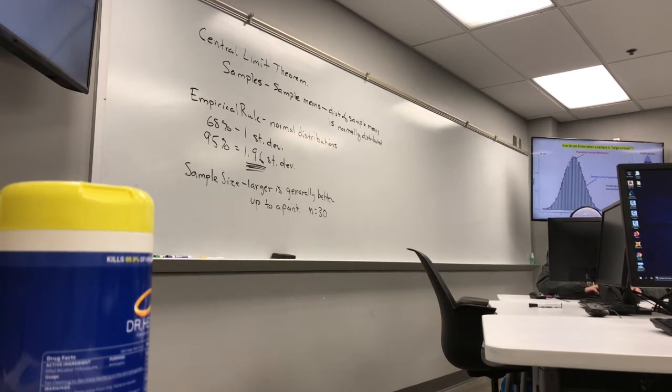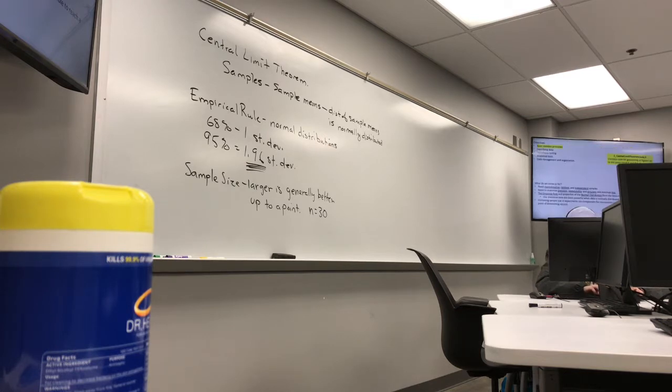Bump it up to 4, the curve looks more normal, but it's also narrower and peakier in the middle. Once again, the average of the sample means is a good approximation of the population mean, which is, in theory, one of the things we might be trying to estimate. Sample size of 10, narrower and more normal looking. Sample size of 30, very narrow and also very normal looking.